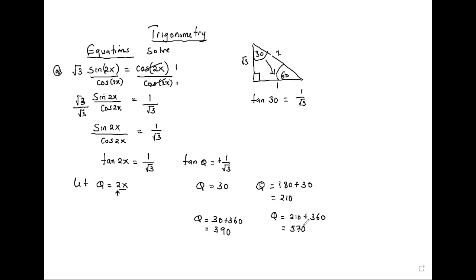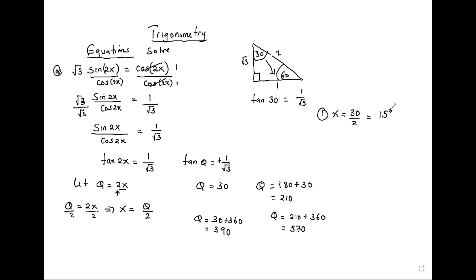So when you come to x, since theta is 2x, if I divide by 2, then x is equal to theta over 2. We go round, we have 4 thetas. So x is equal to 30 over 2, which is 15.